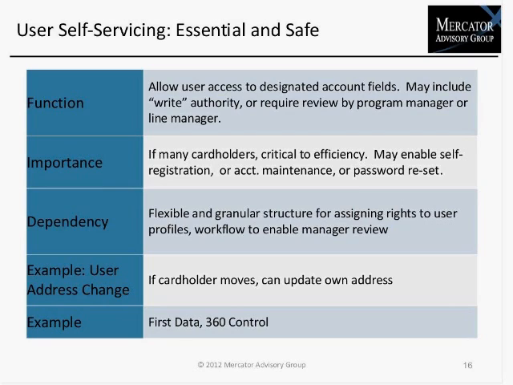And clearly, one needs to be able to say, at the field level, yes, I can change my address, but no, I cannot change my limit. So those are the kinds of distinctions that the technology needs to support, and it is the structure of the database that's going to enable you to do that. One of the applications with a highly detailed and granular database that does allow you to do this is the First Data 360 Control product.